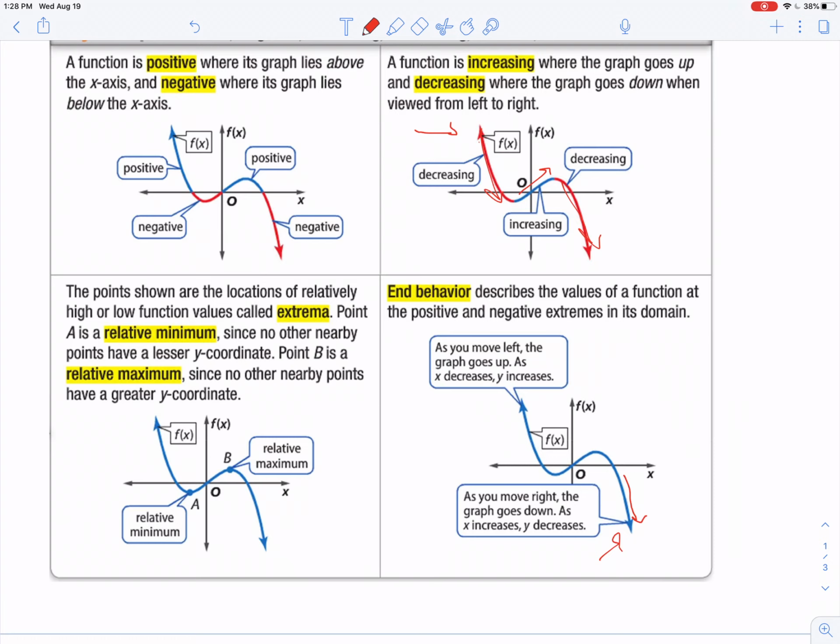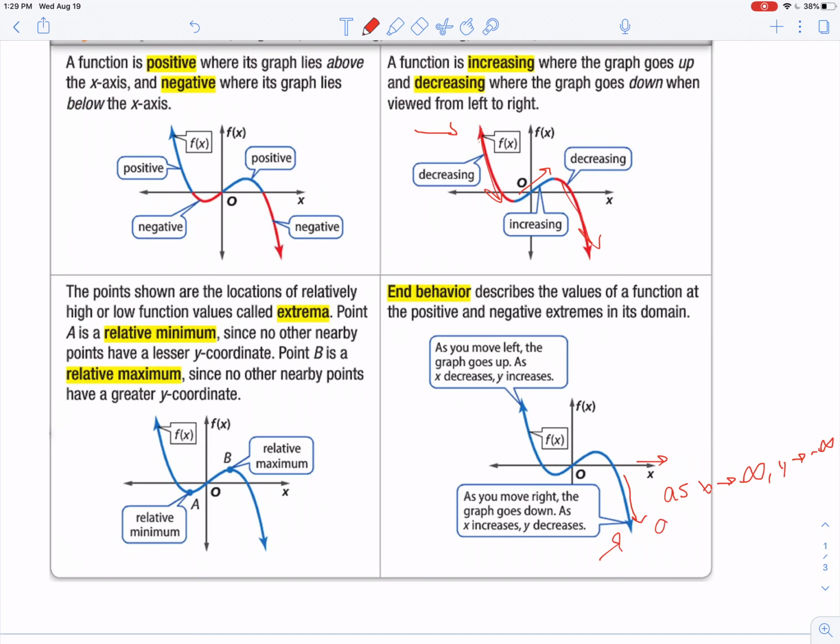So how you're going to word this is as x moves, or actually here, we can shorthand that. Let me show you this cool thing here. As x goes towards infinity. Okay, it's going towards the infinity over here. Y, since it's going down, I'm going to say it's going to negative infinity.